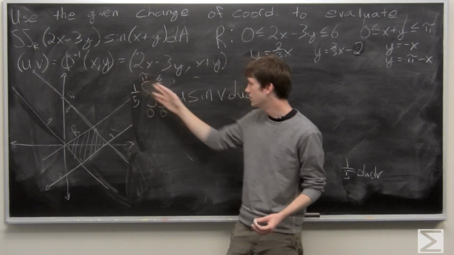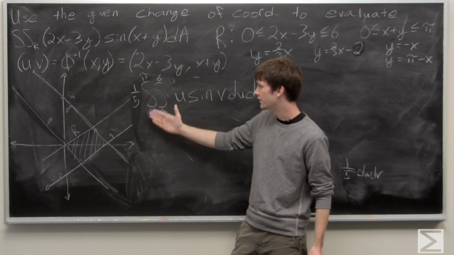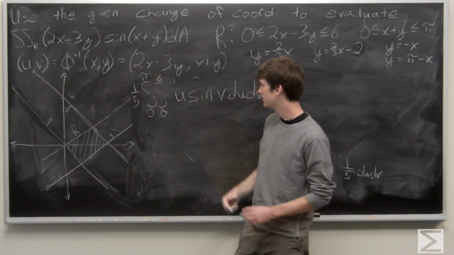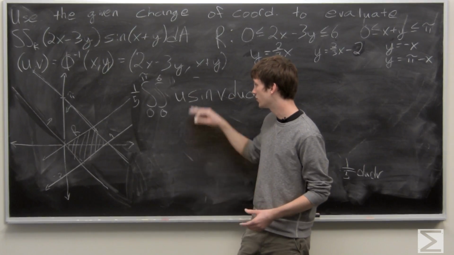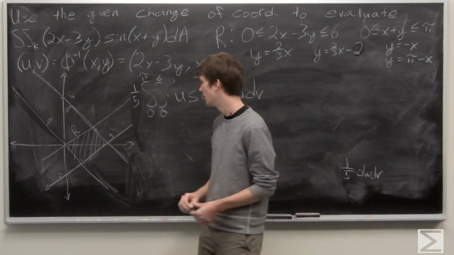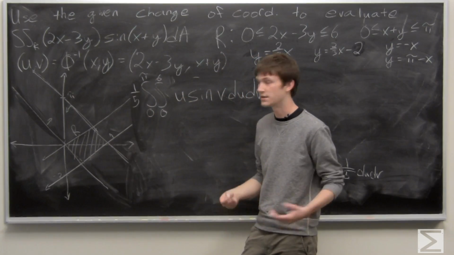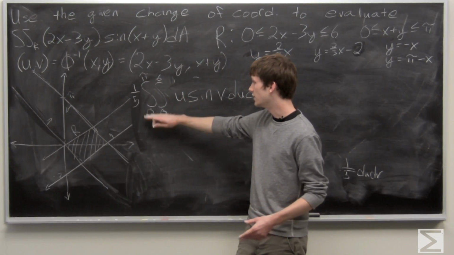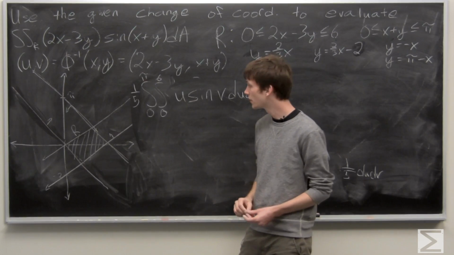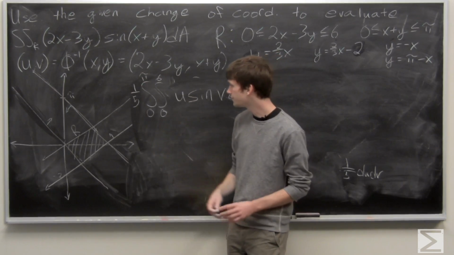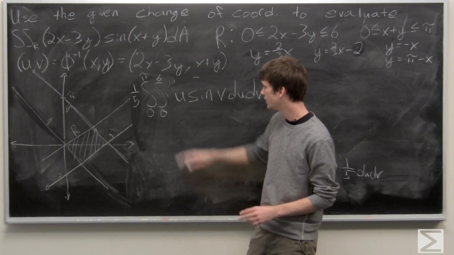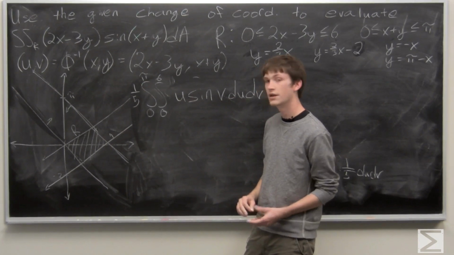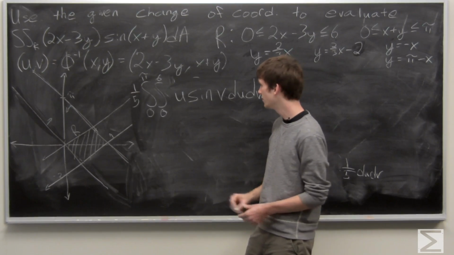And at this point, it makes sense that our limits of integration would have pi in it, since our function for v is a trig function. So it would make sense that v would be in terms of pi instead of u. Okay, so now we want to integrate with respect to u first. So the integral of u is u squared over 2.